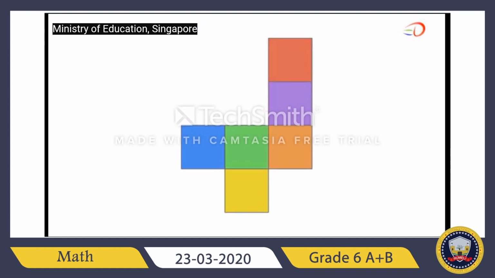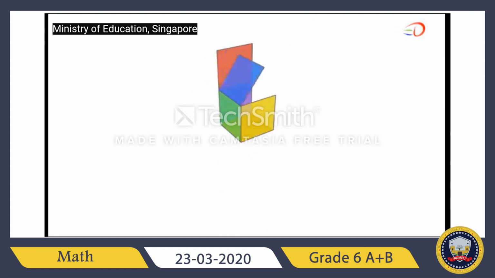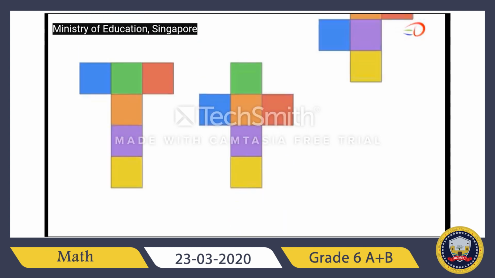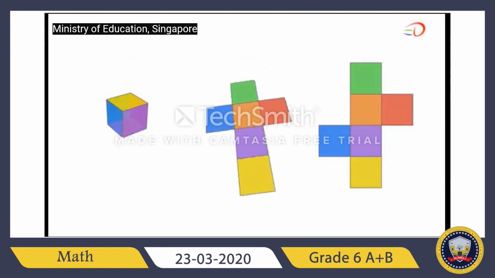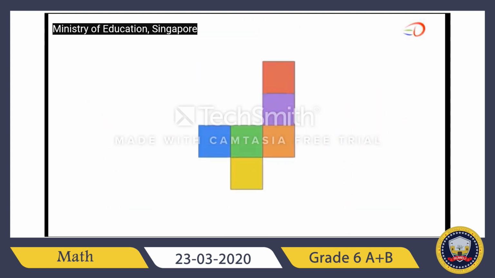Is this a net of a cube too? There is an overlapping face, so this is not a net of a cube. We now know that these are nets of a cube. And we know this is not a net of a cube.